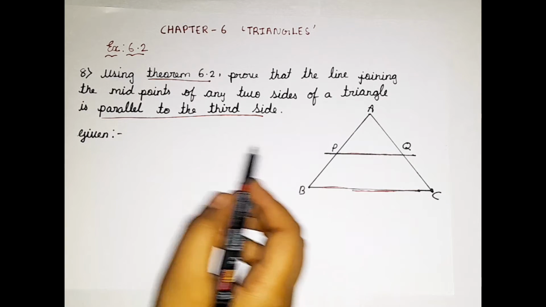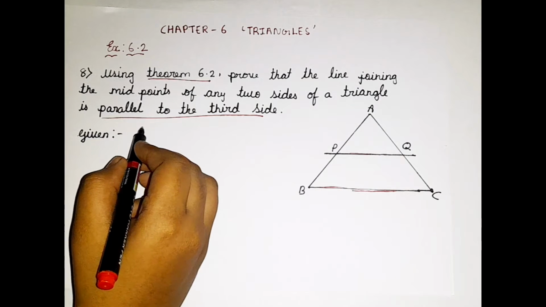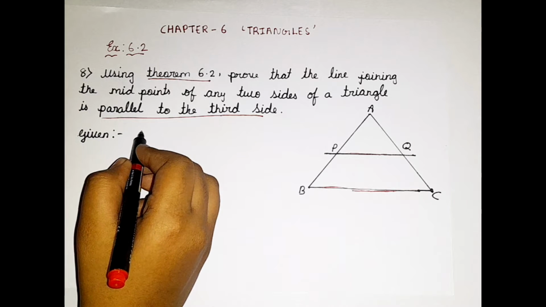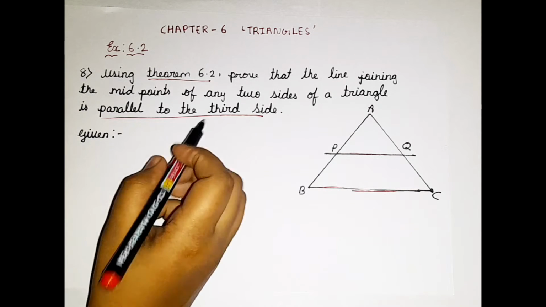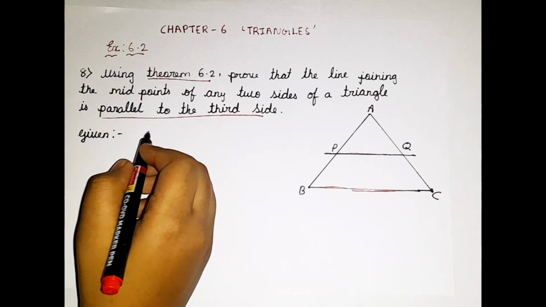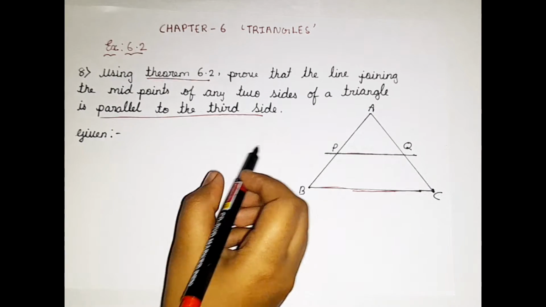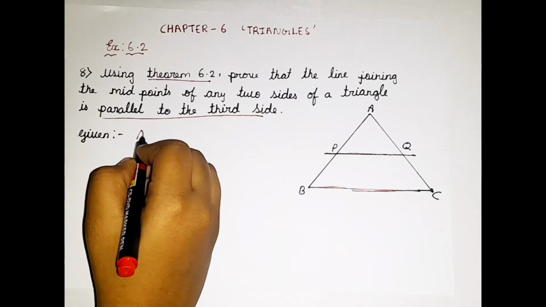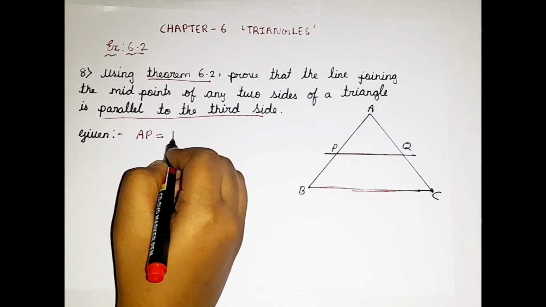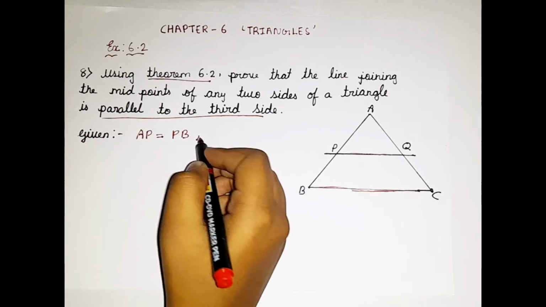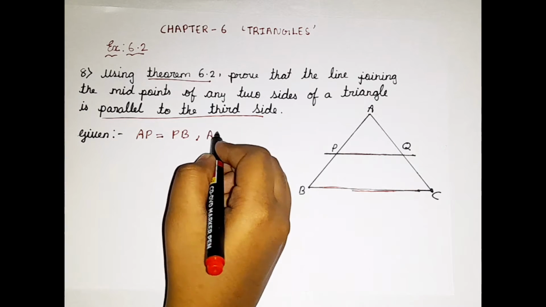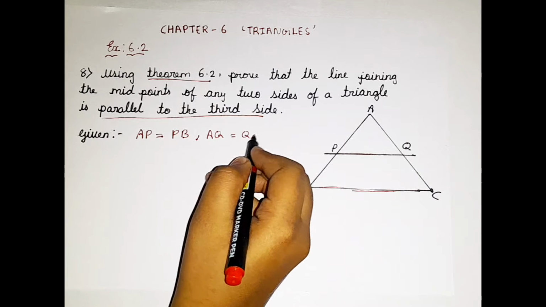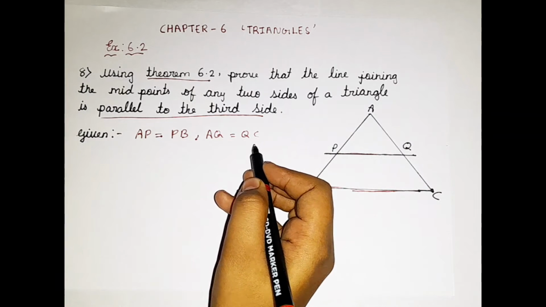This is mentioned in the question, but it is given in statement form, that's why it is hard to find. Don't worry, when you just draw the midpoint, it is really easy to identify. So AP is equal to PB, and AQ is equal to QC. So it is given in the question.